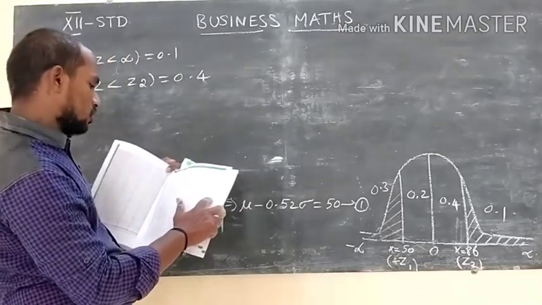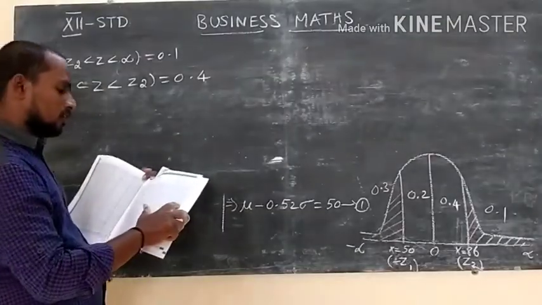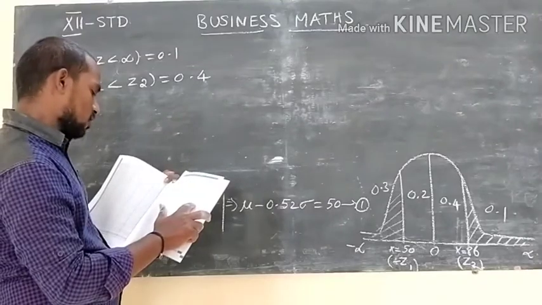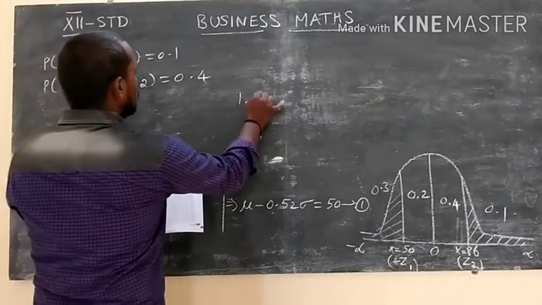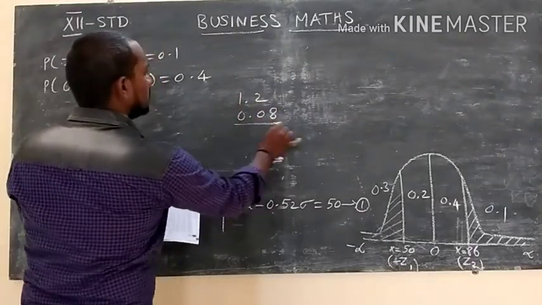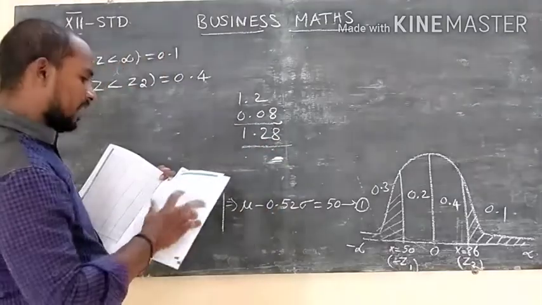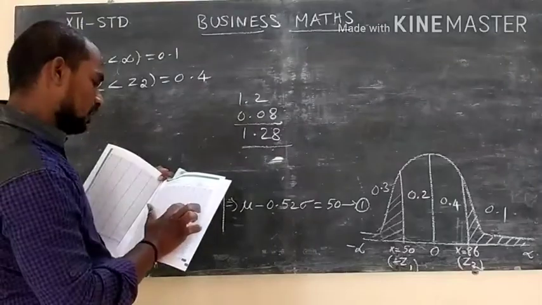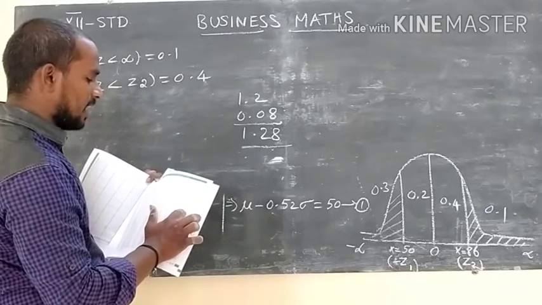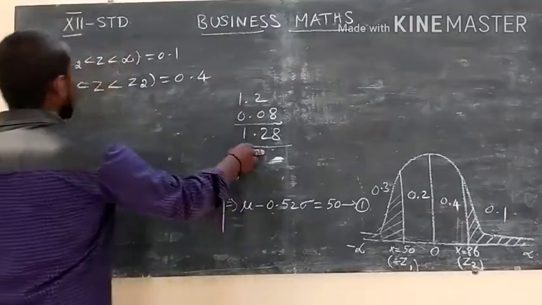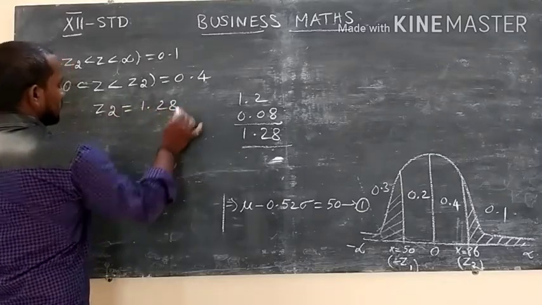So the answer is 1.2, 0.09, but here it is less than, so the below value is 1.2, 0.08. So 1.28 is your answer. 1.28 is the value for below 0.4, so 0.399. So Z2 is equal to 1.28.